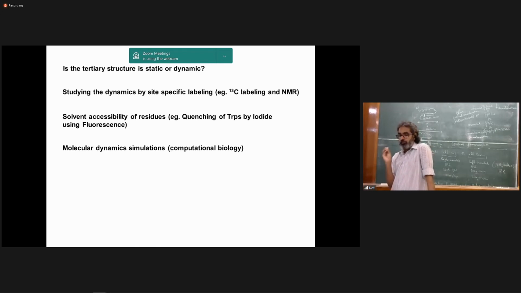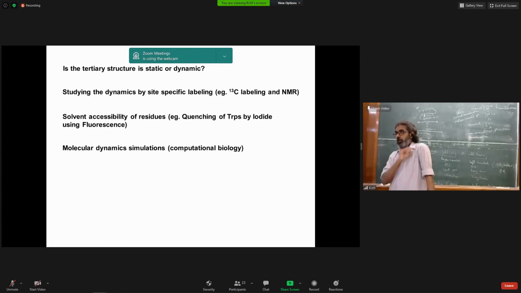These kinds of further experiments tell you more and more about your protein structure, which we typically see as rigid, but these are not rigid at all. They are dynamic, and the dynamics changes within a protein from site to site. It's not uniform.